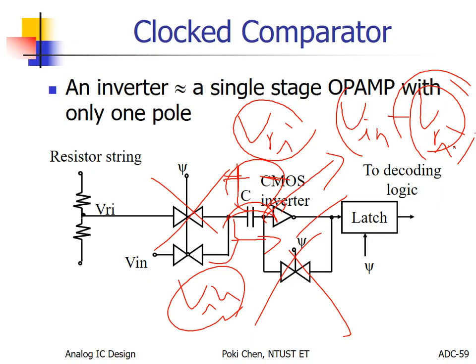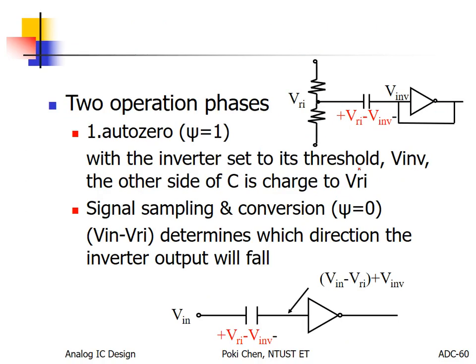You can compare the final voltage to be compared. It looks like this. And this is a single stage inverter. I explained already. That is the so-called high gain stage. Usually the gain can be as high as 2 orders, up to 100.